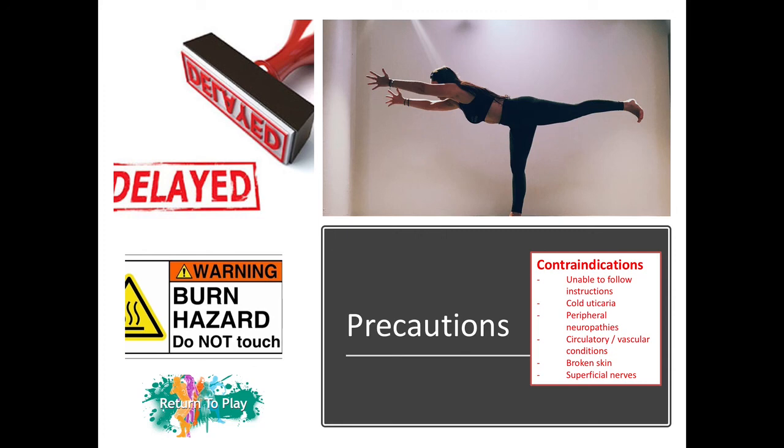Is it because of being under the influence of alcohol or drugs? These would preclude me using ice or advising ice. If I have cold allergies or a hyper response to cold, so cold urticaria, that would preclude me. Certain circulatory and vascular conditions, such as Raynaud's disease, cryoglobulinemia, hypertension, etc. And of course, broken skin or superficial nerves. We want to stay away from those.